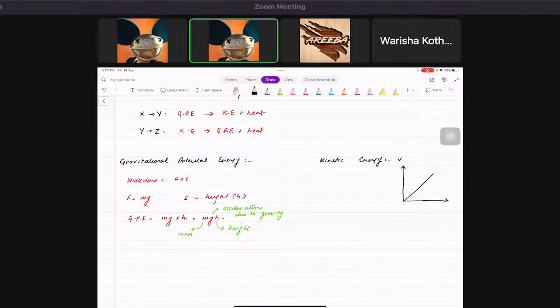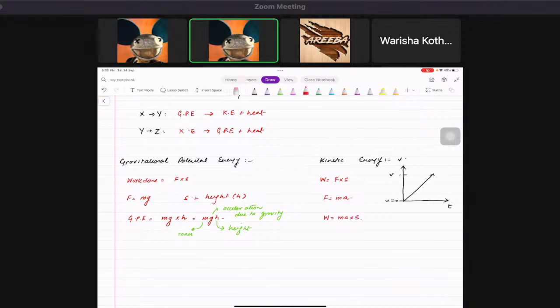This is a velocity time graph. The final velocity is v, the initial velocity is 0. So we know by the use of work done that work done is force times displacement, and force is actually equal to ma. So when we put in that, work will be equal to ma times s.